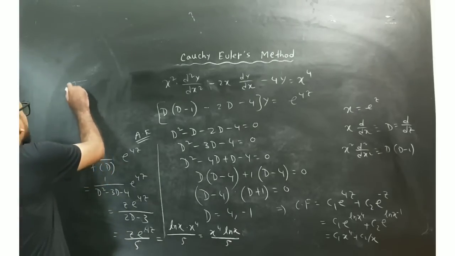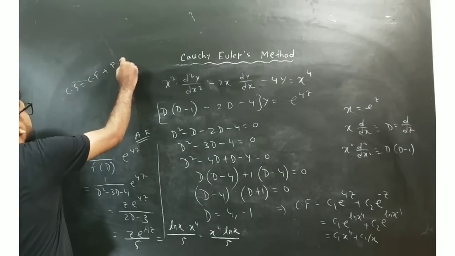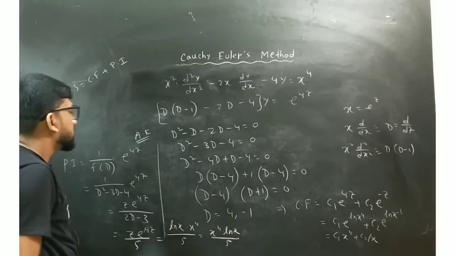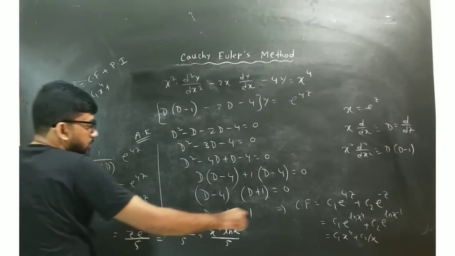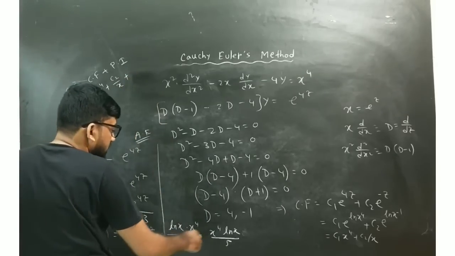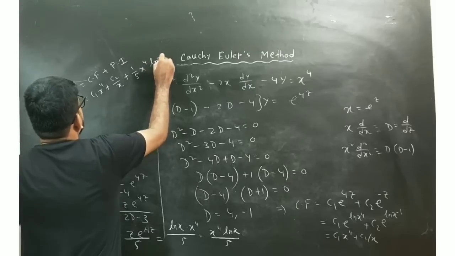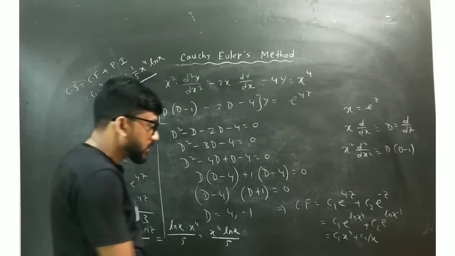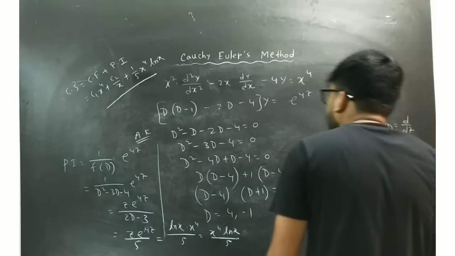So your complete solution will be CF plus PI. CF is c1 x to the power 4 plus c2 by x, and the particular integral will be 1 upon 5 x to the power 4 ln x. So this is your final answer. Let me check. Yes, this is your final answer.